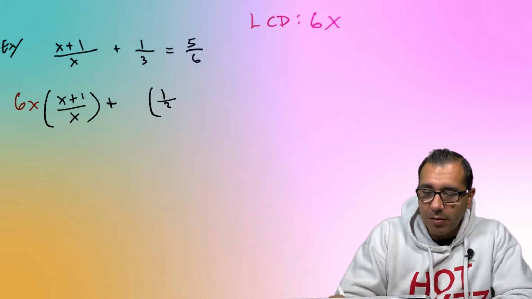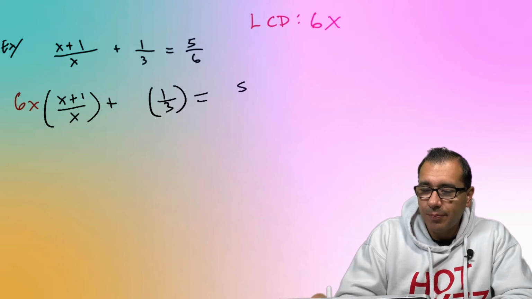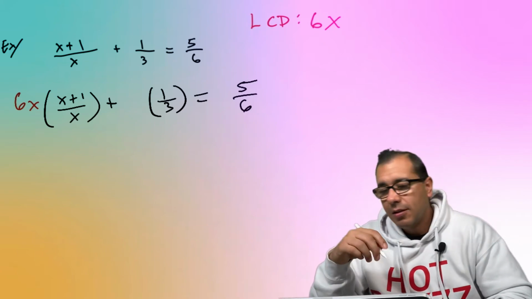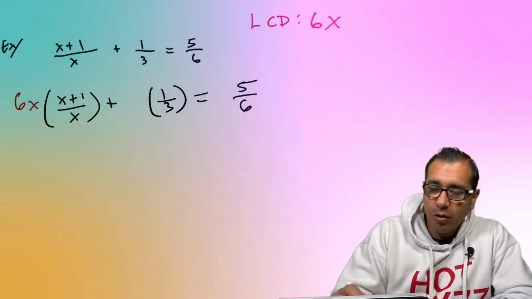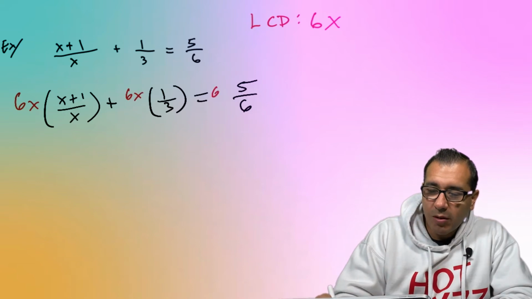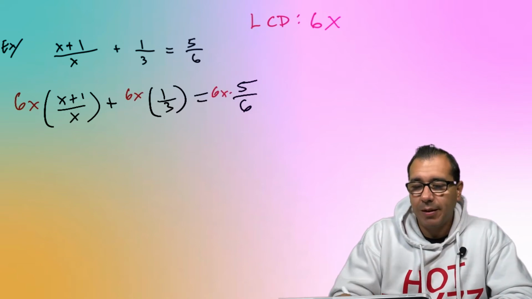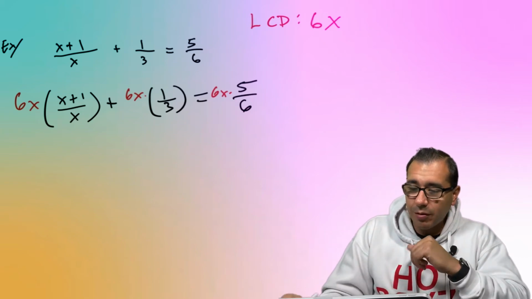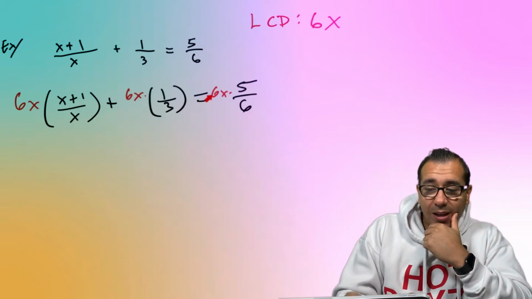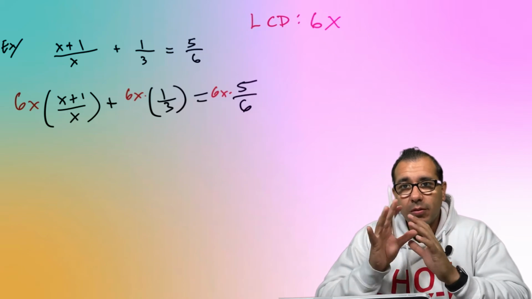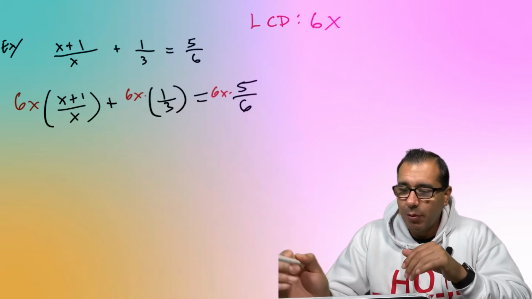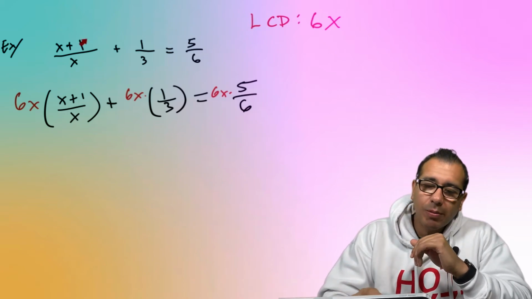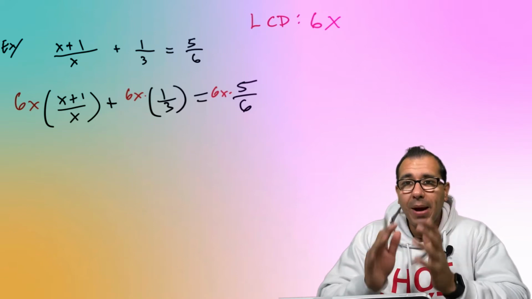But I'm not going to, just for those other people who don't want to write the 1 on the bottom. I could put the little dot there to mean the multiplication. So the first step is exactly the same. We find the LCD and we multiply every single thing by that LCD.